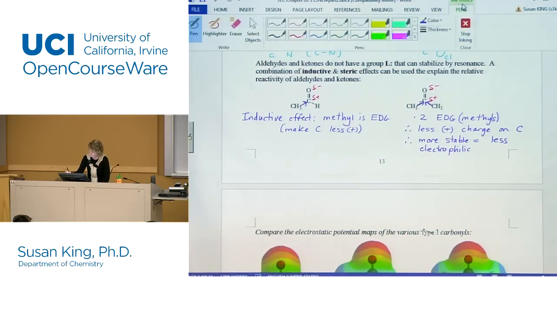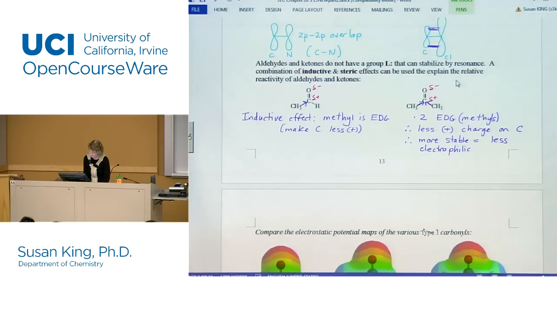So that's inductive effect. The inductive effect would tell us that an aldehyde is more reactive than a ketone, and that's absolutely true. And now let's talk about steric effects. Which one, an aldehyde or a ketone, is less sterically hindered? Aldehyde's less sterically hindered. So hydrogen is less sterically hindered than a methyl.